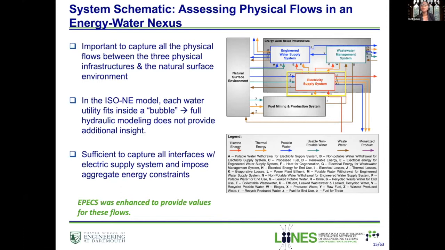And with the pipe and bubble approach, every water utility can fit within a bubble, and in a sense, we didn't need to do a full hydrological modeling for the study. So the ECS simulator was enhanced so we could quantify emissions, water withdrawals, consumptions, and all that.